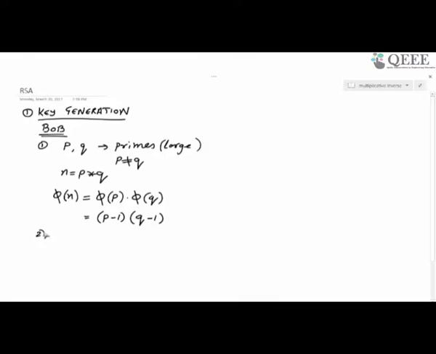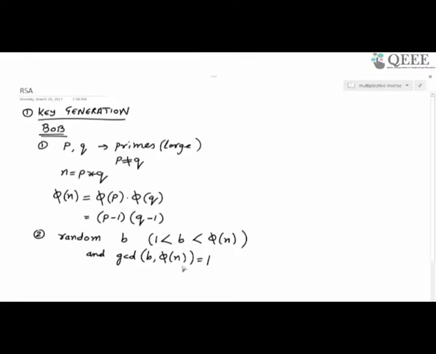The second step which Bob would do is that he would choose a random number b, which is in the range 1 less than b less than phi of n, and GCD of b comma phi of n is 1.